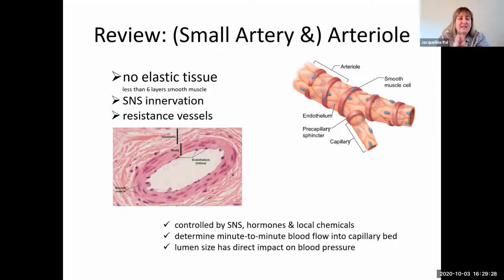And so what these are doing, remember the arterioles, what's feeding into the capillary bed. So these control the minute by minute flow into a capillary bed. And so the size of these arterioles actually does have a direct impact on the blood pressure, because if we vasoconstrict those precapillary sphincters, then blood's going through the metarteriole into the thoroughfare channel rather than more blood going all the way through the capillary.